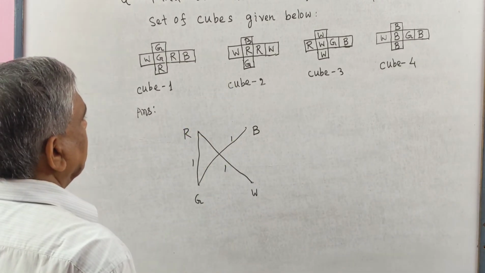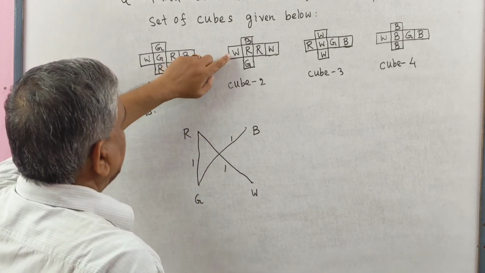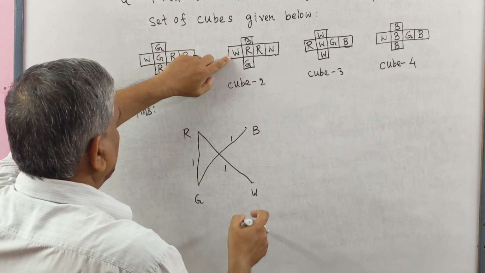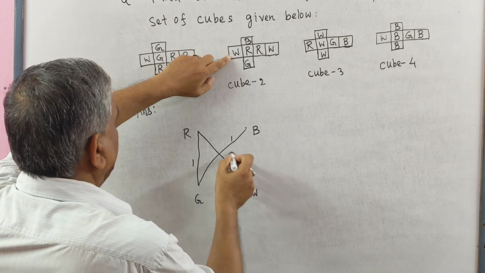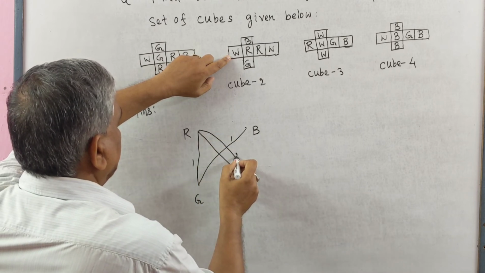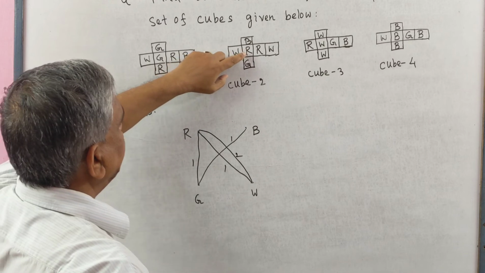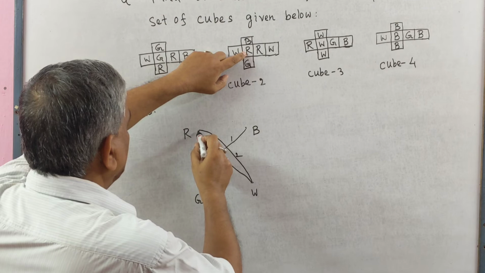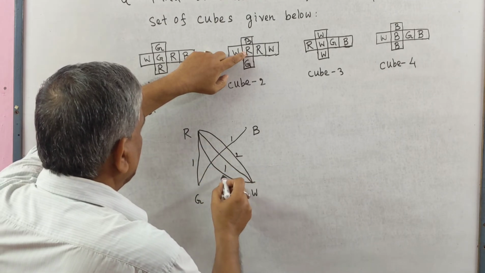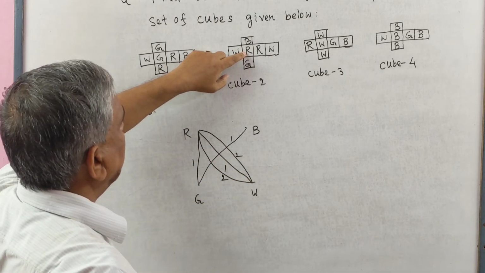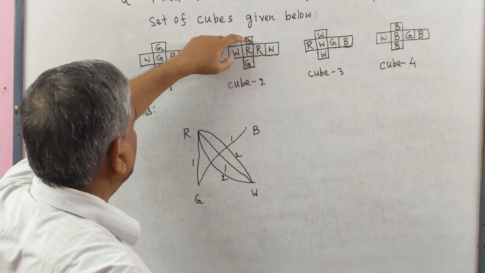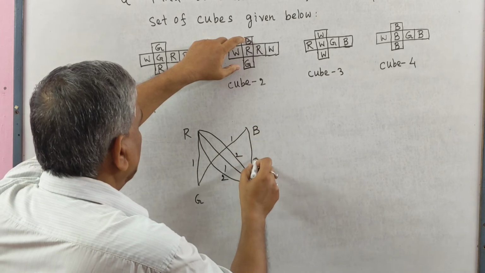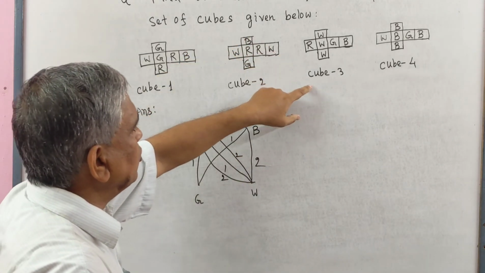For the second cube, here left is W and right is R, so we join W and R. This is label 2. This is front R and back W, R and W. This is also 2. This is top B and bottom G. We give here 2.